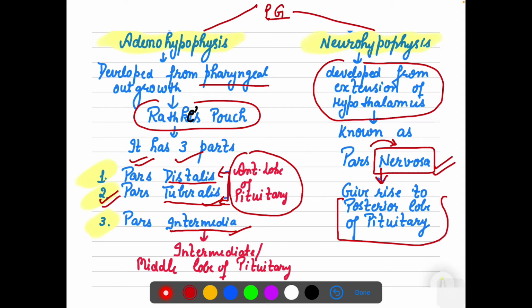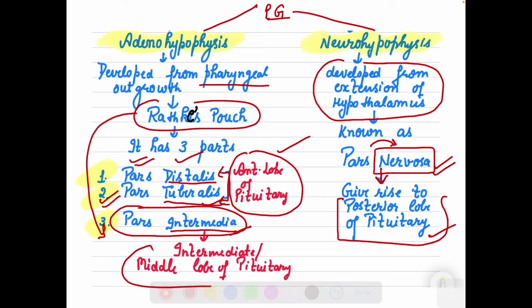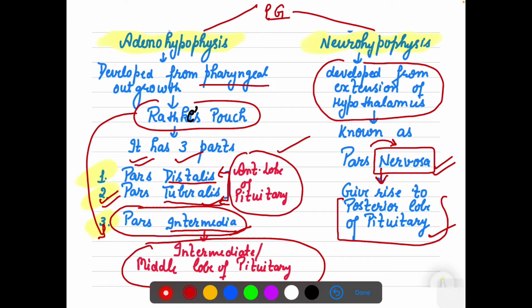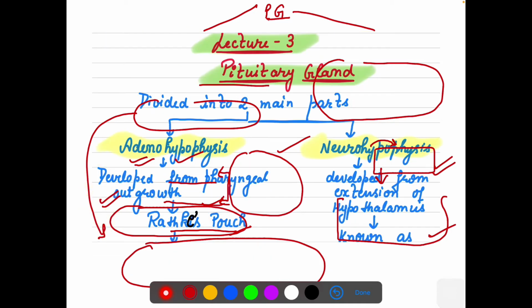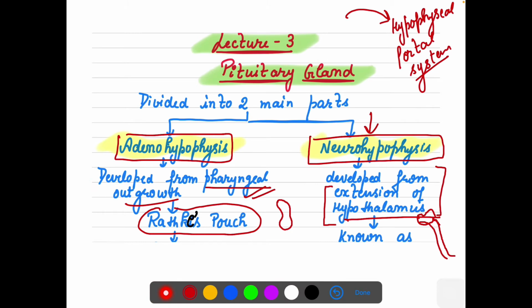And now what is left? Anterior is covered, posterior is covered, only pars intermedia. So pars intermedia, which is another part of your Rathke's pouch, is known as the middle lobe or intermediate lobe of pituitary. I hope this is clear, that pituitary gland has two main parts, adenohypophysis and neurohypophysis.